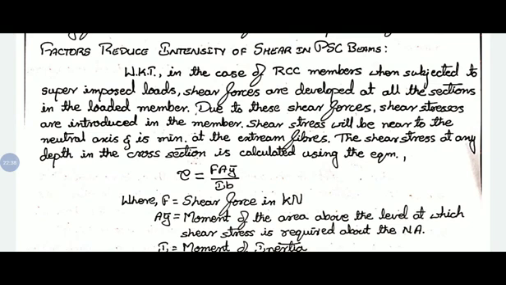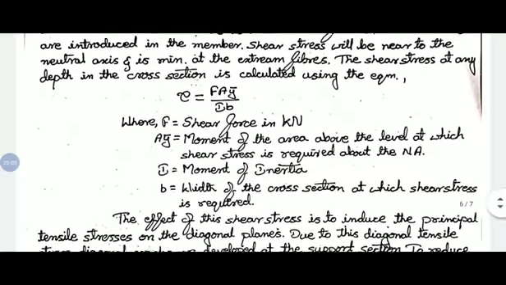The effect of this shear stress is to induce principal tensile stresses on the diagonal planes. Due to these diagonal tensile stresses, diagonal cracks are developed at the support section.